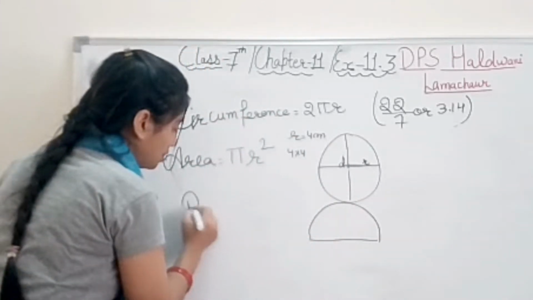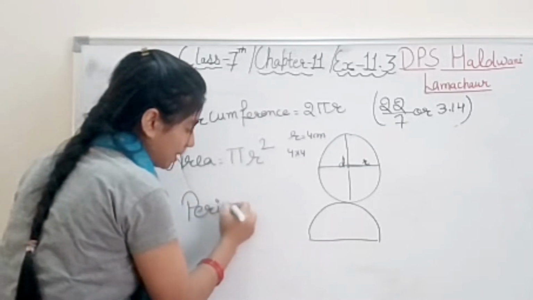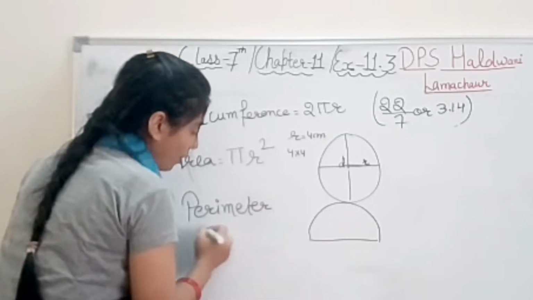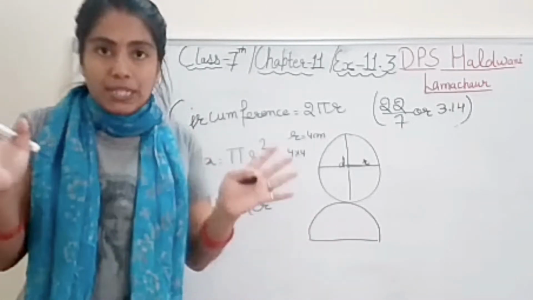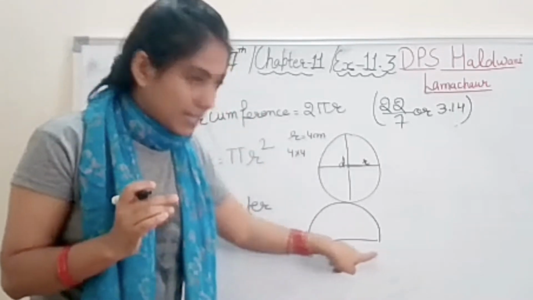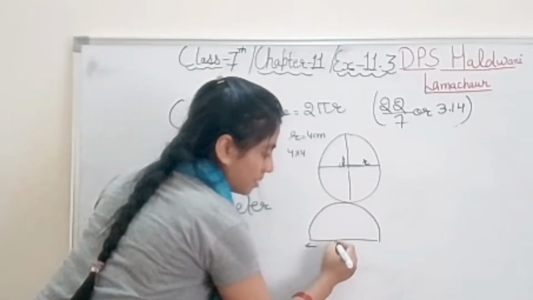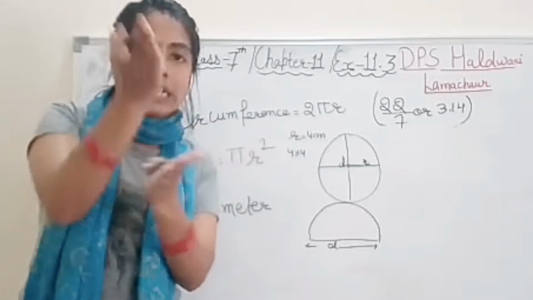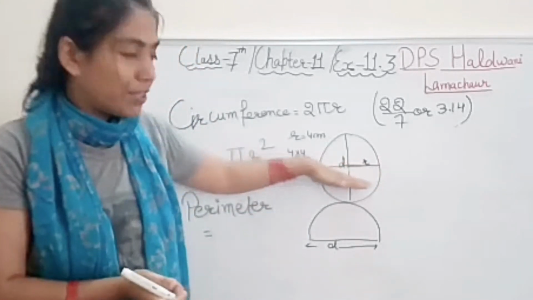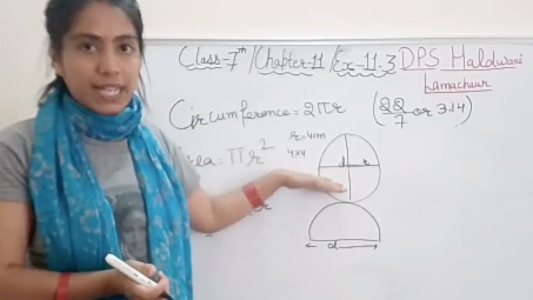For this we usually say perimeter only. So perimeter of semicircle is, see, perimeter is the total sum. What is the total sum? What is this? This is diameter. Right? Why? Because this is center. From center only we will cut the circle. So this full line is called diameter only.